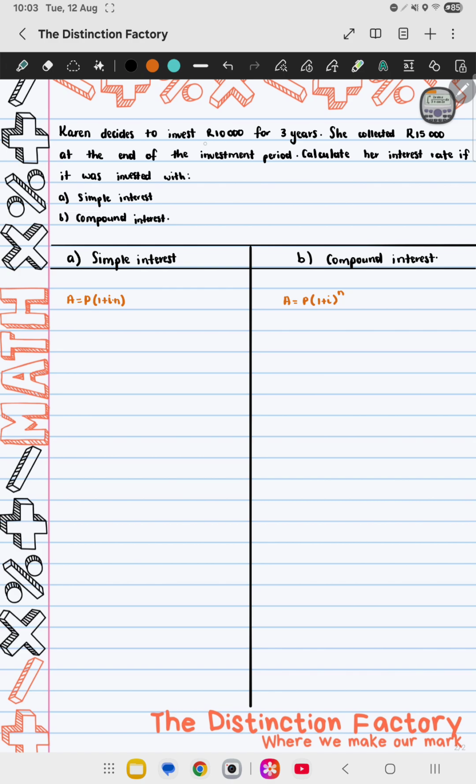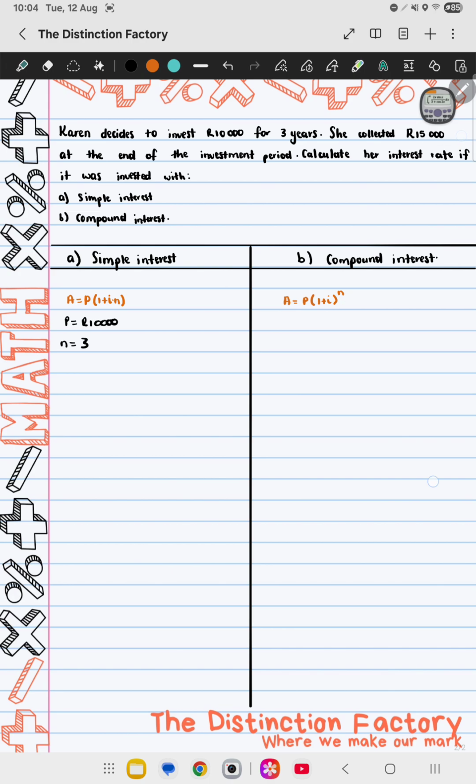So they tell us that Karen invested 10,000 Rand. That means that is the amount that she put into the account at the start. It does not have any interest on it as yet. So that is our P value. So I'll say P is equal to 10,000 Rand. Then it says for 3 years. 3 years is our investment period, our number of years, which is represented by N. She collected 15,000 Rand.